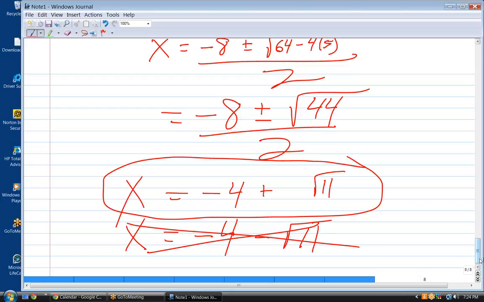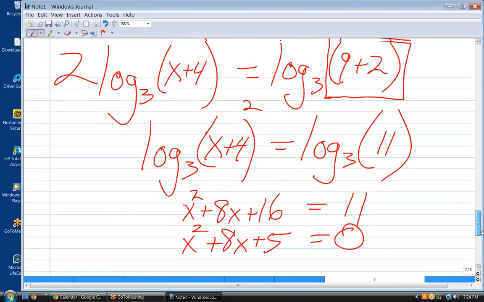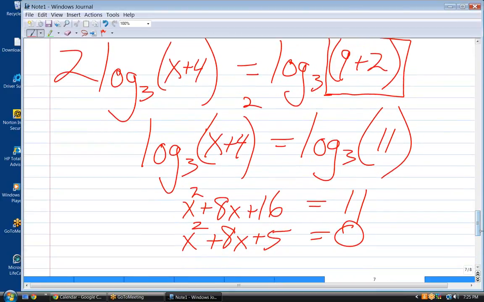Now, let's go back and notice that if I tested my domain out there, it's all positive. In other words, because I'm squaring it, it doesn't matter what x plus 4 is.